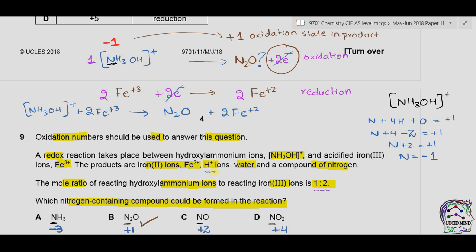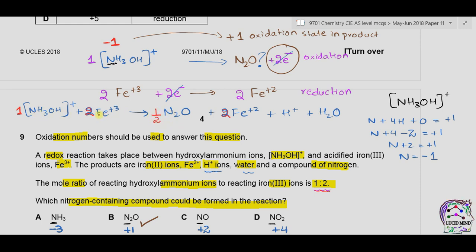We also have H+ and water. As the irons are already balanced, we have 2 moles of iron in each. The mole ratio was given, which is 1:2, so this reactant must be 1 mole. Now to balance nitrogen, we must write half with N2O to balance nitrogen atoms.